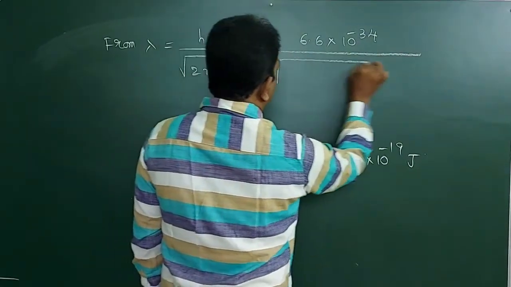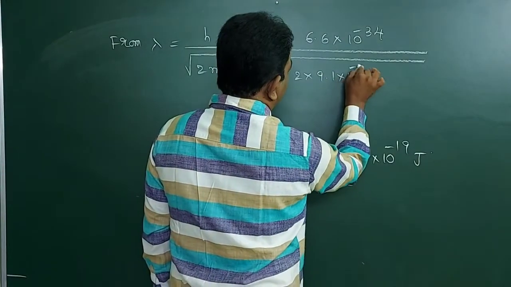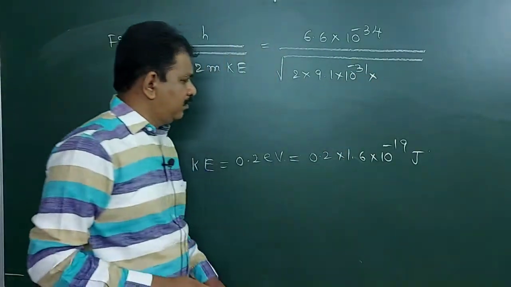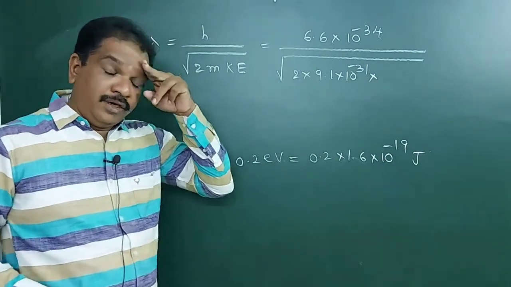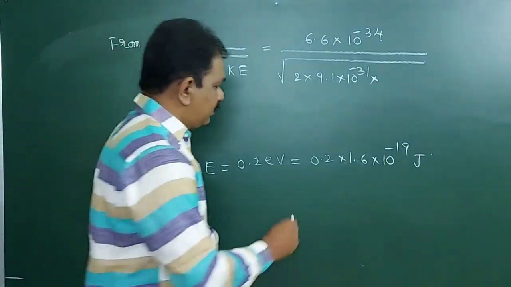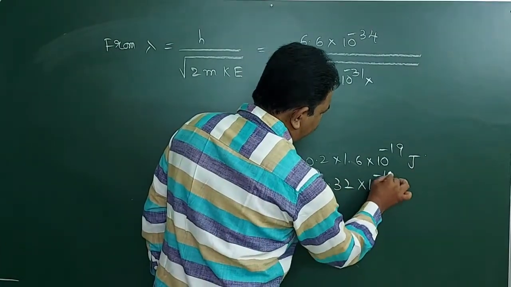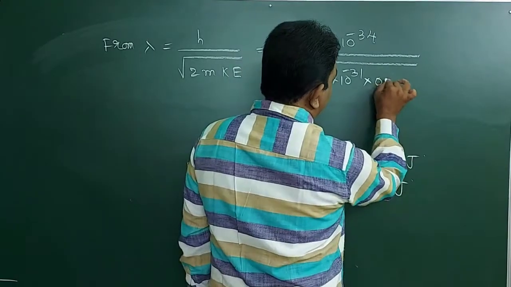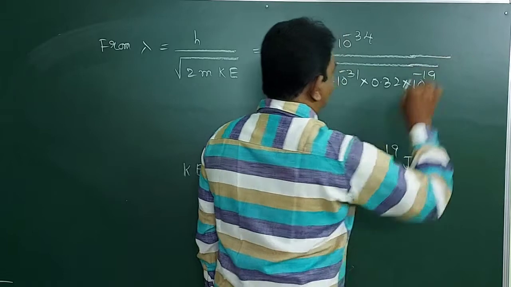Mass of the electron is constant, 9.1 into 10 power minus 31. Ke value, this one, 0.2 into 1.6 means this will be 0.32 into 10 power minus 19.